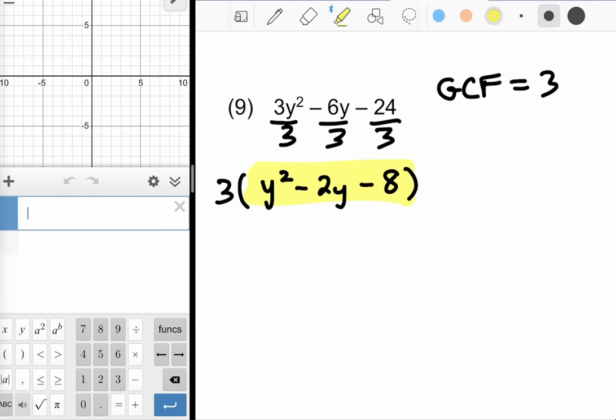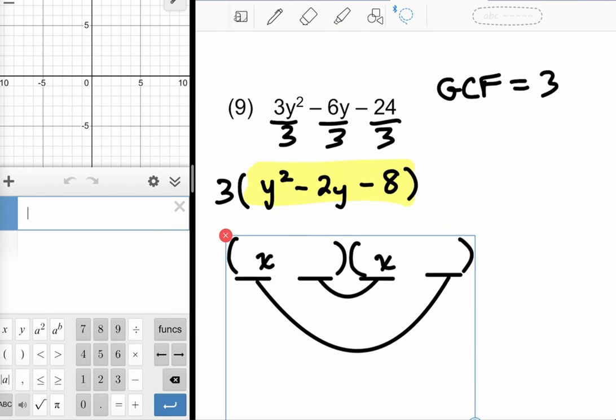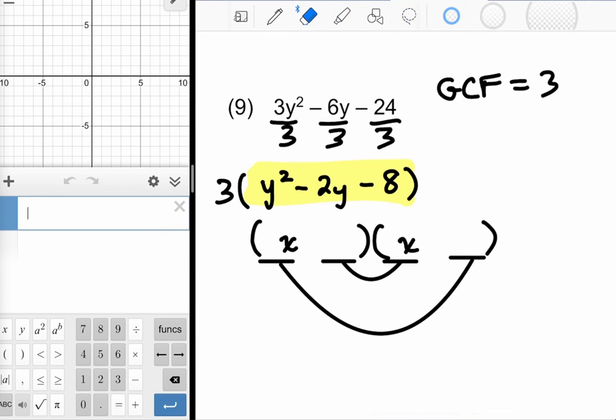All right, so instead of x's, we'd be looking at y's, but it would have to be 1 and 1 as the leading coefficient because it's a 1y squared.